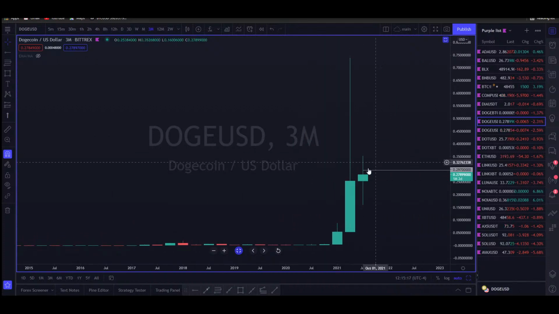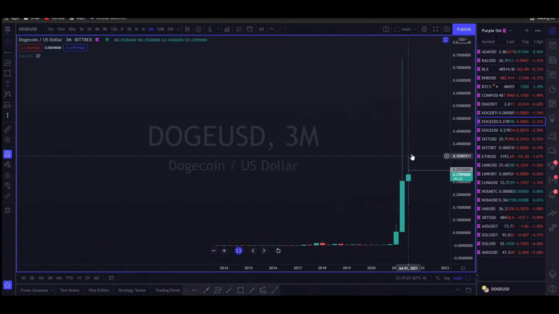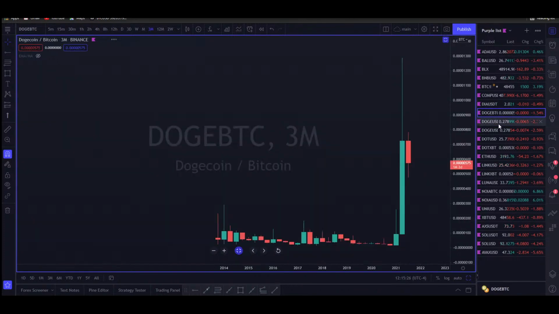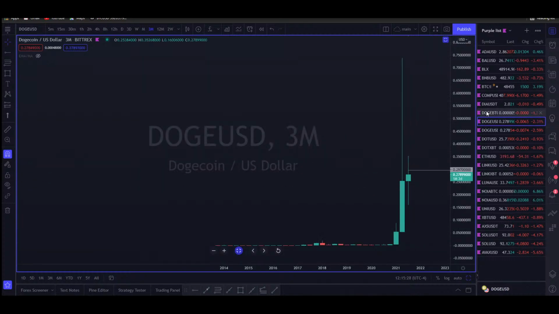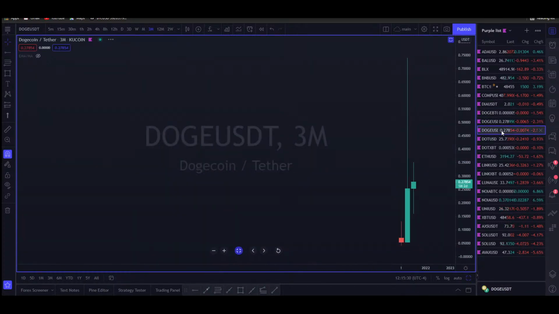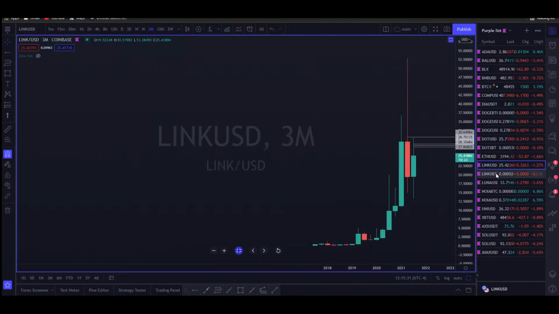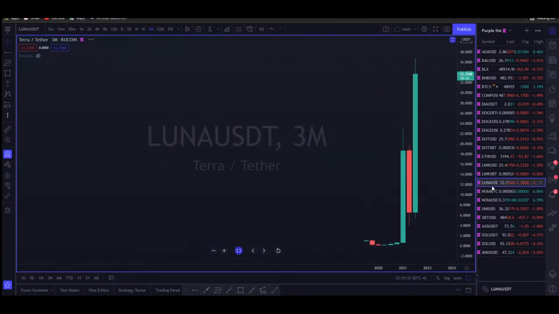Is it now? Well, you haven't even closed the 3 month. You haven't even closed a bearish candle yet on the quarter. So find one that is. No. Oh, now you're working on one on Doge BTC, but that's different. See, ETH, no, still green on the quarter. Link, green on the quarter. Link XBT, red on the quarter.